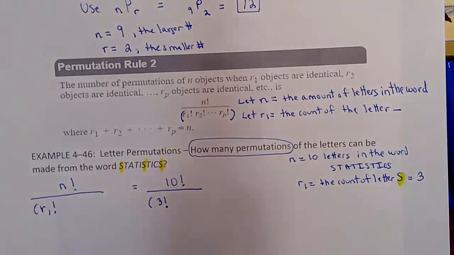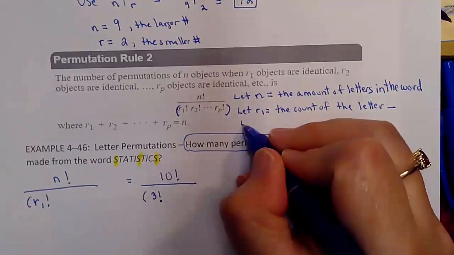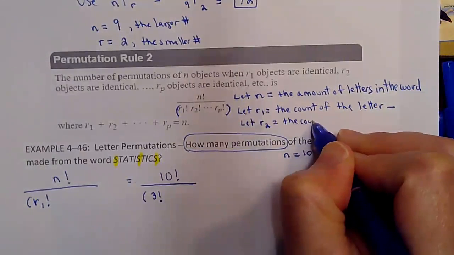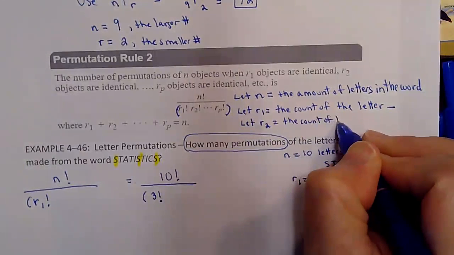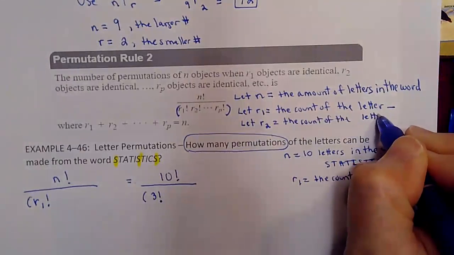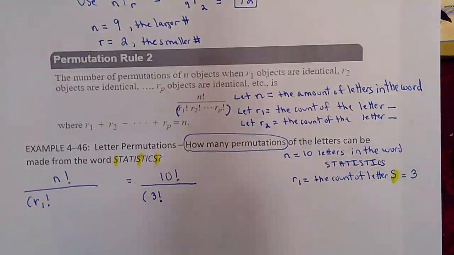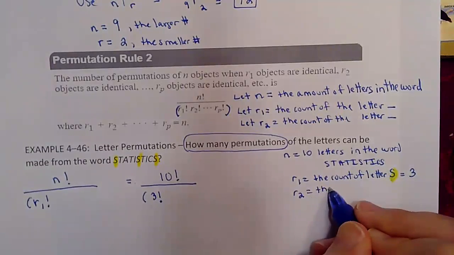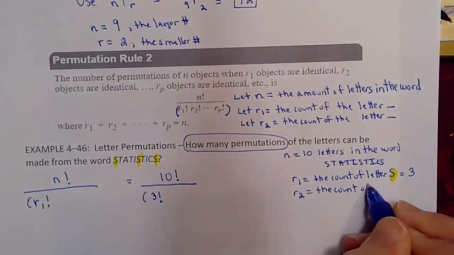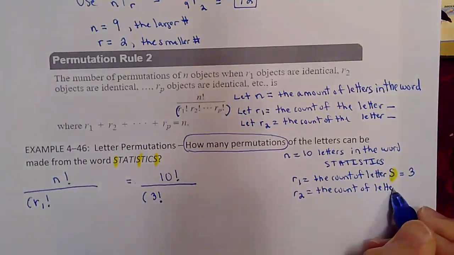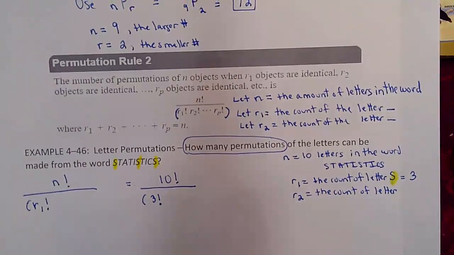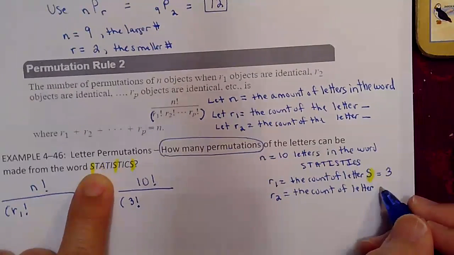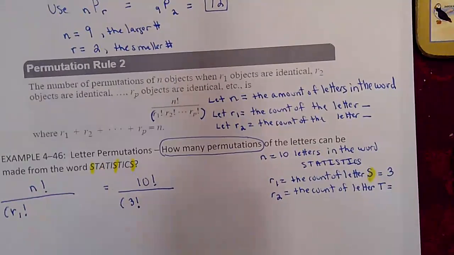Okay. And then we're going to let R sub 2 equal the count of the letter so and so. It's like the next letter. So here for our problem, R2 is going to equal the count of letter, and I'm going to just go with the second letter, T. Okay, and I'm going to use a different highlighter.